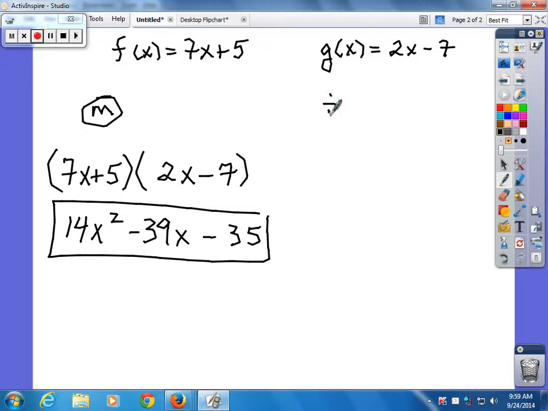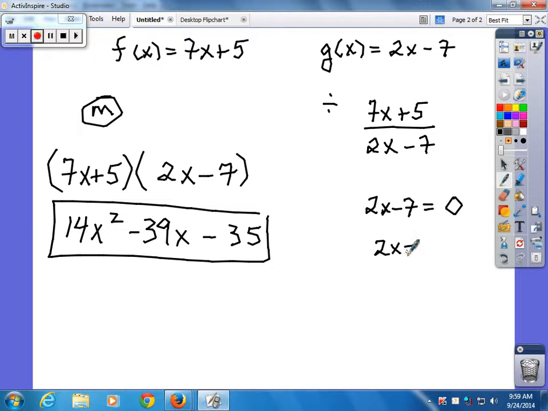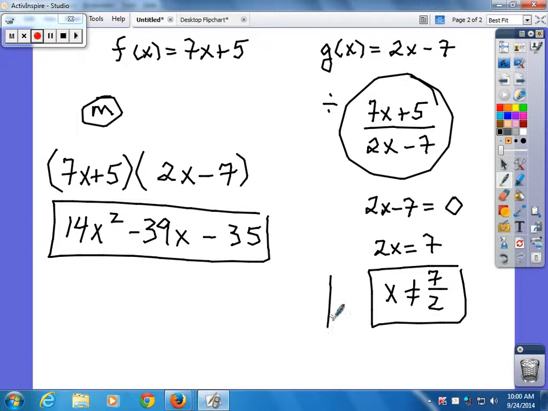Division is 7x plus 5 over 2x minus 7. The domain, set the denominator equal to what? 0. You get 2x is equal to 7. X cannot equal what? 7 halves. So your domain for this function is all real numbers, comma, x cannot equal 7 halves. Your range is affected also.